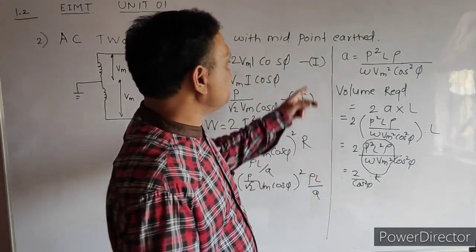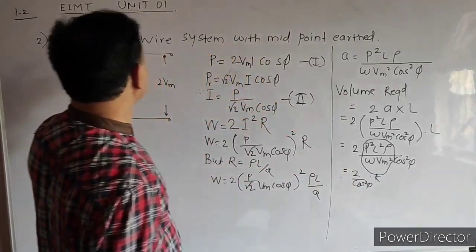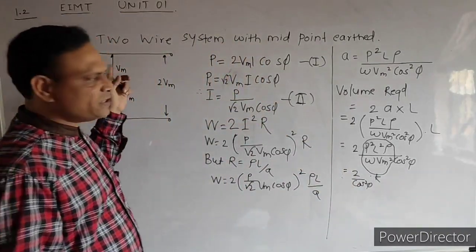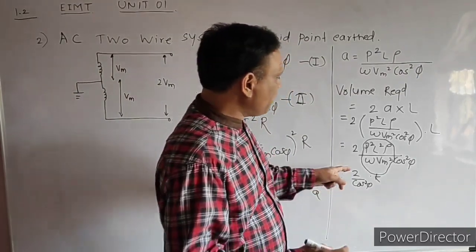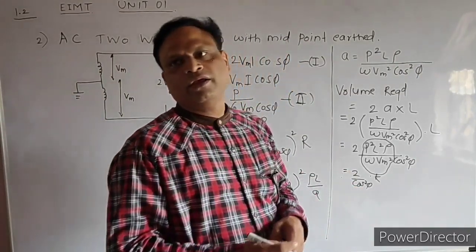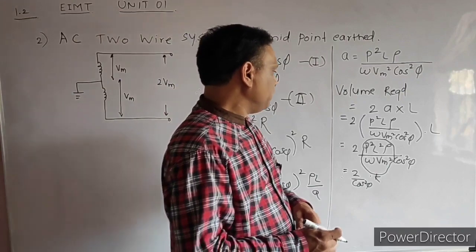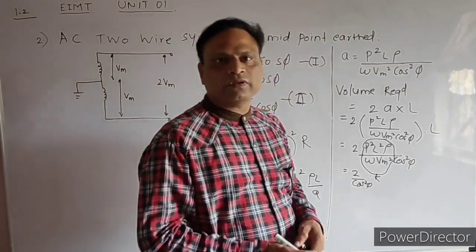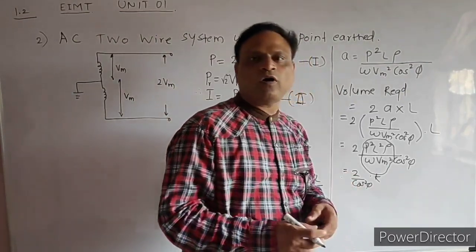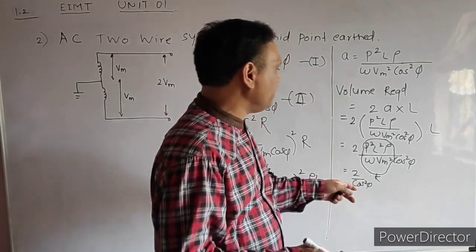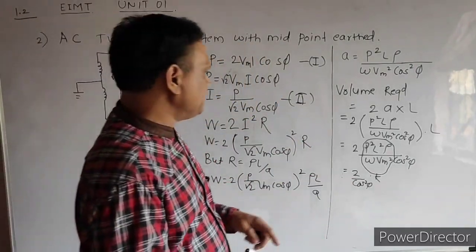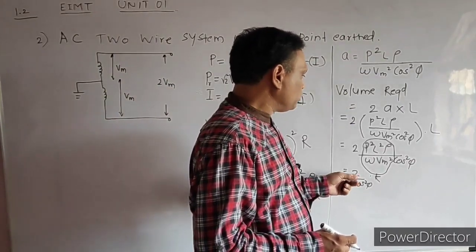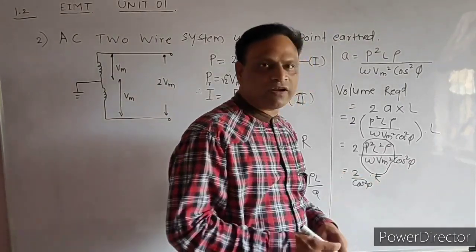Now it can be easily seen that whenever this type of distribution system is there, the volume of conductor required will depend on the power factor. So definitely more volume of the conductor will be required in what is called an AC system. So 2 into K upon cos square phi.